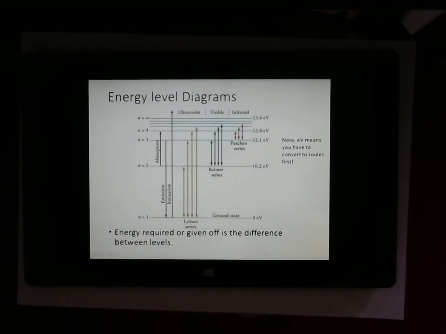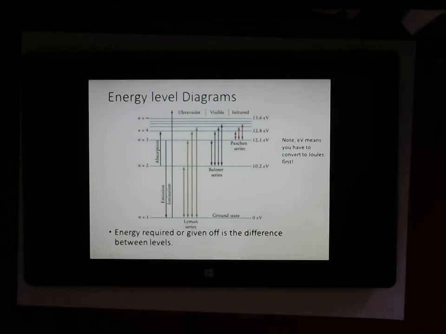But this one reads a bit differently. So here it's saying, to go from 1 to 2, we have to give it 10.2 electron volts. Okay? But the opposite's also true. To go from 2 back to 1, it would give off 10.2 electron volts, and then we could convert that to joules, and we'd find the numbers would match. So it's not going to give you anything different.